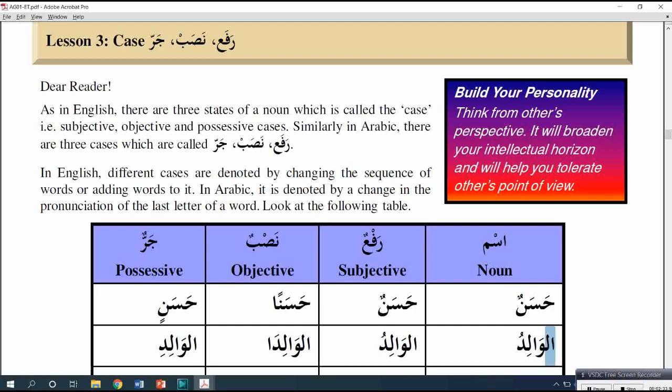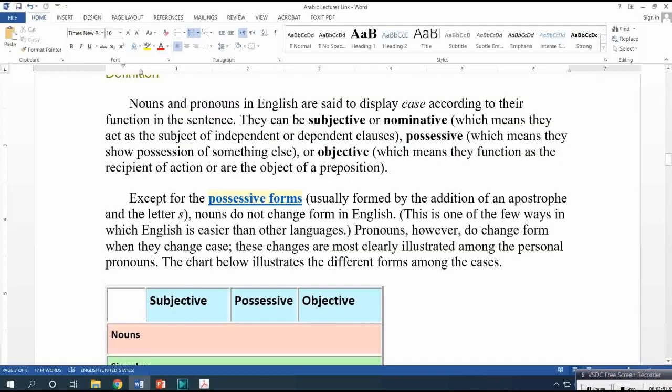Just to memorize, in English grammar, each noun has three states, three situations. One is called subjective or nominative, which means they act as the subject of independent or dependent clauses.